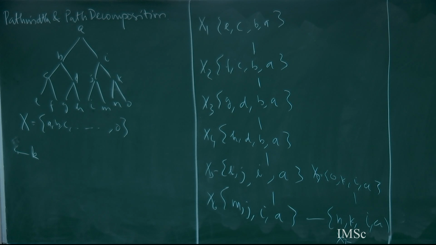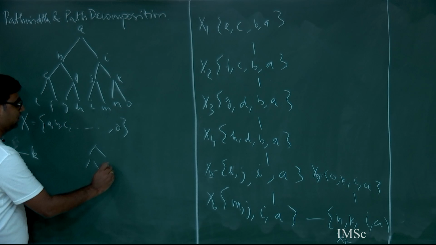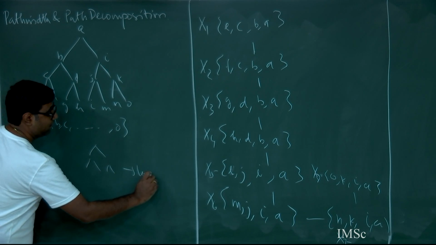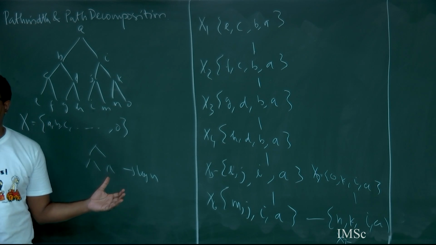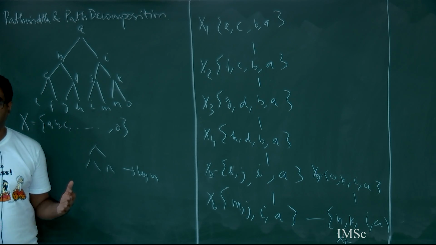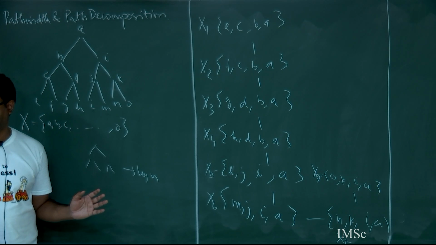So if I have an n vertex graph, for example a complete binary tree with depth log n, the path width of this graph will be log n, but the tree width of this graph will be 1. So path width and tree width can differ by a factor of log n, and that's all that they can differ by.